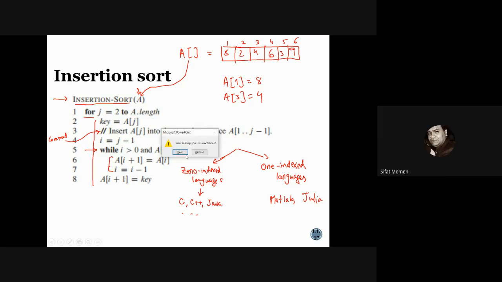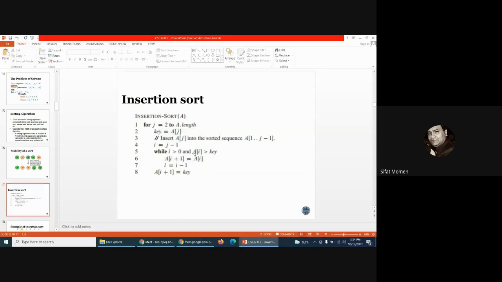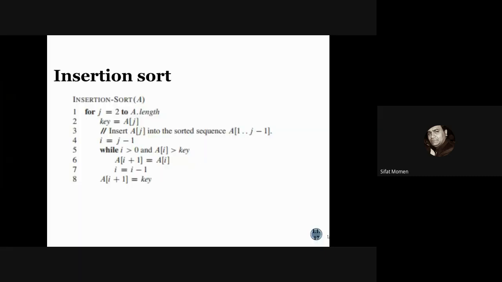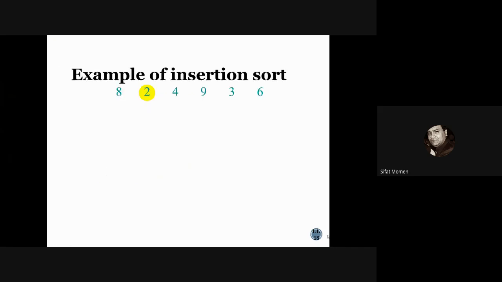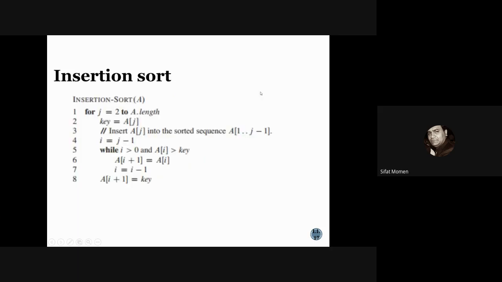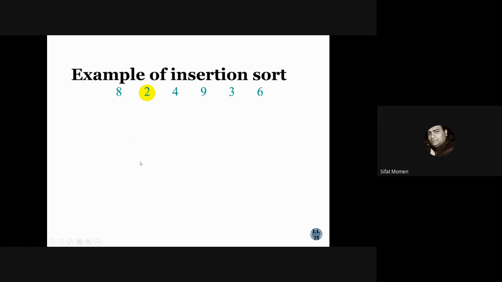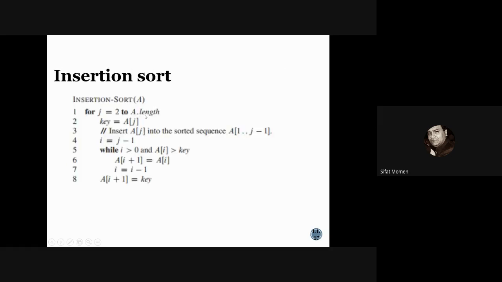Now the second thing we're going to look into is that we want to see that this algorithm works, meaning it solves the problem. We want to be convinced of that. So let's say we have an input sequence 8, 2, 4, 9, 3, 6. I'm going to run this input sequence on this algorithm and trace it, and see whether it works or not.